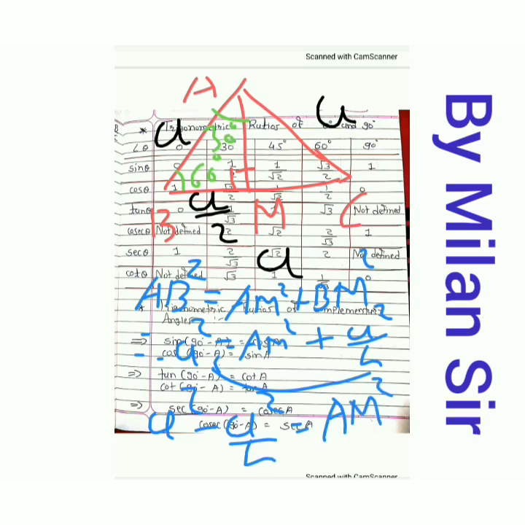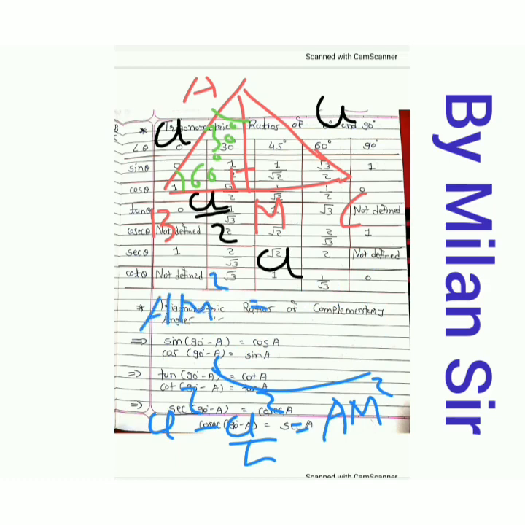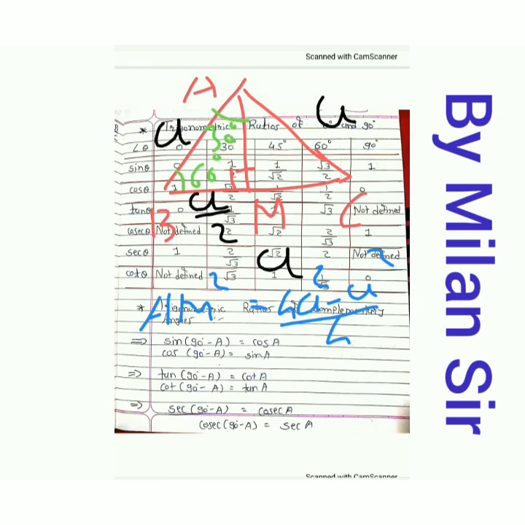Now we need to take the LCM. The LCM is 4, so AM square is equal to 4a square minus a square by 4, that means 3a square by 4, right?